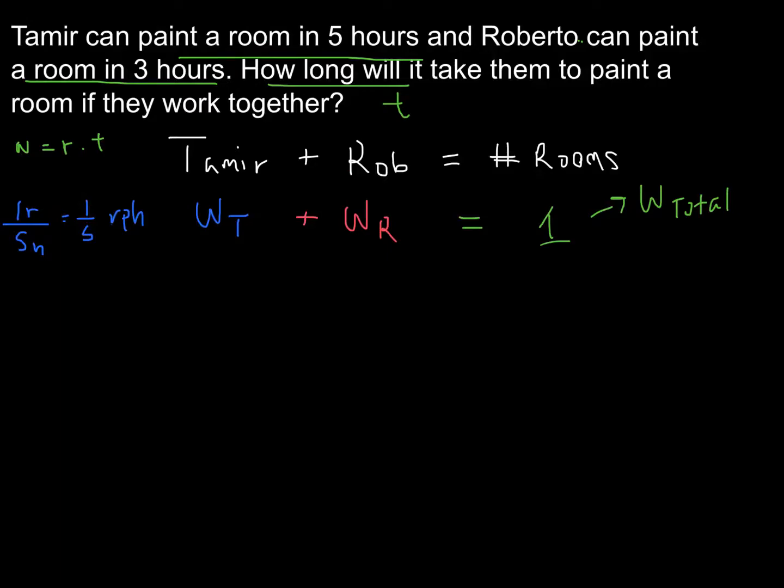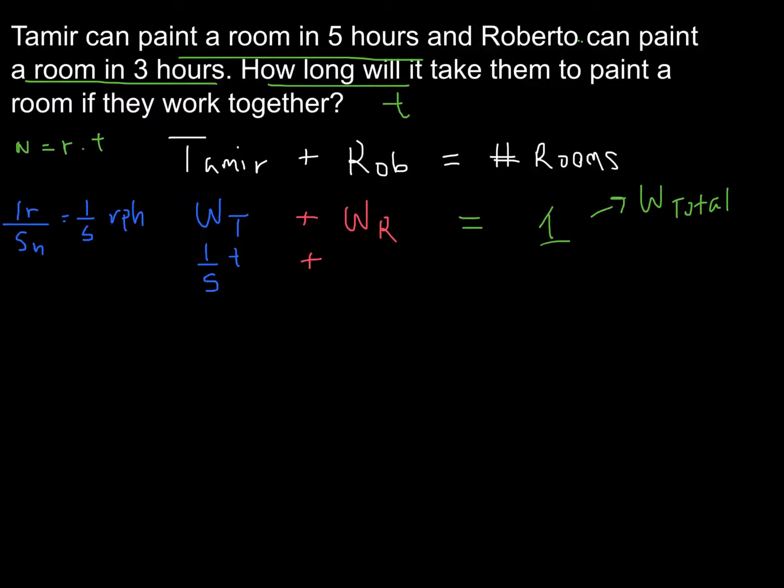Think about it. He's working to paint a whole room in 5 hours, so each hour he's got to paint 1/5 of the room. So the work that Tamir is doing is the rate at which he's working, which is 1/5 of a room per hour, times the time for which he works, which is T in this case.